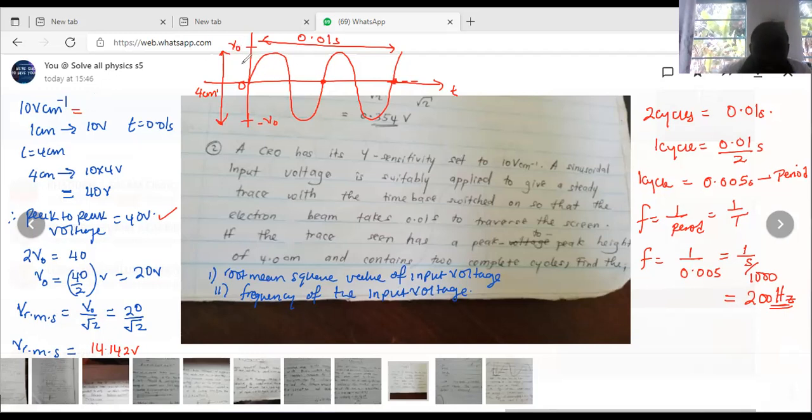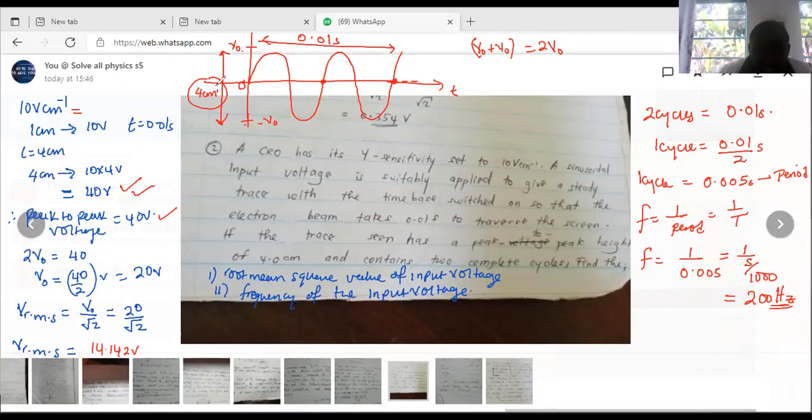Now, the peak-to-peak voltage, the voltage from 0 up to V naught is V naught. Also, from this 0 up to this other lower peak is V naught. So when I add the two, you'll get V naught plus V naught as the total voltage from one peak to the other as 2 V naught. Now, the 4 centimeters, find the corresponding voltage to it. The corresponding voltage was 40.